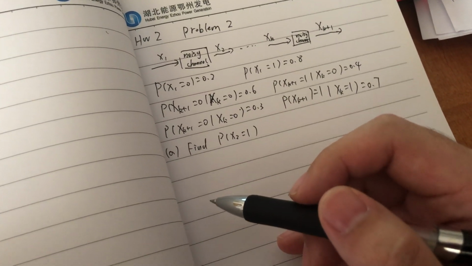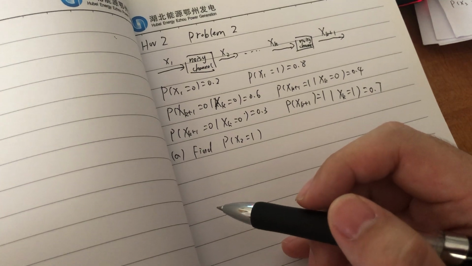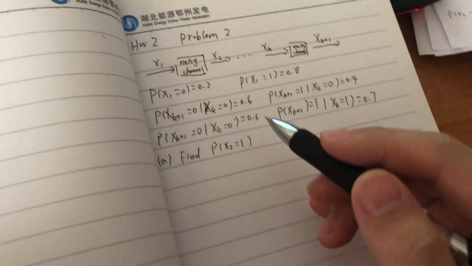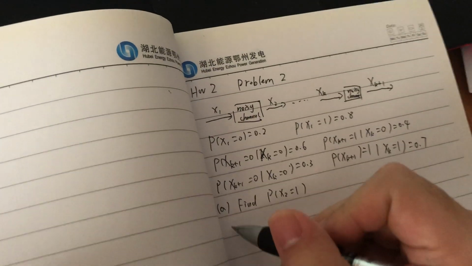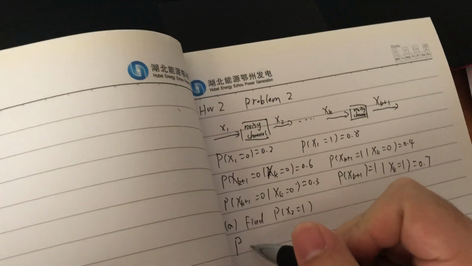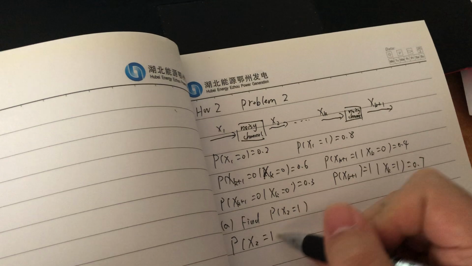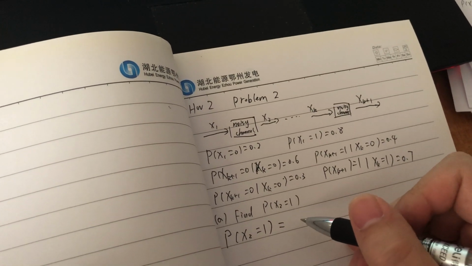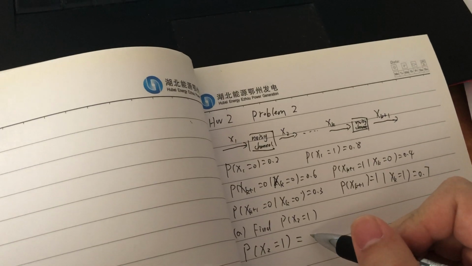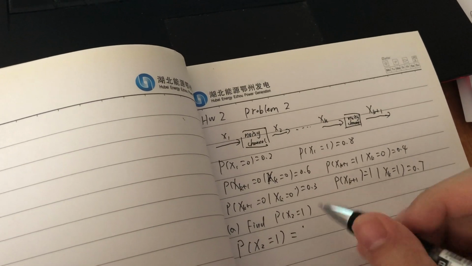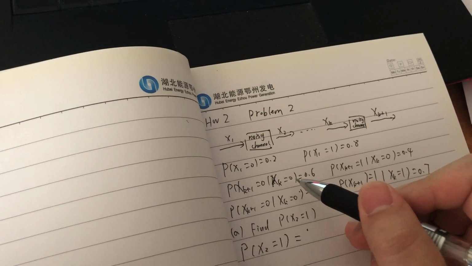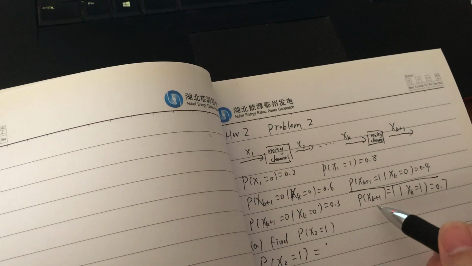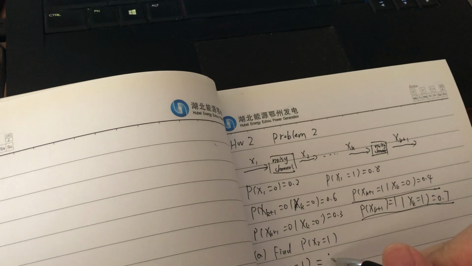And that is easy. We can use the different situations. If we want to find the probability x2 equal 1, we have two situations, like we can use this situation and this situation.